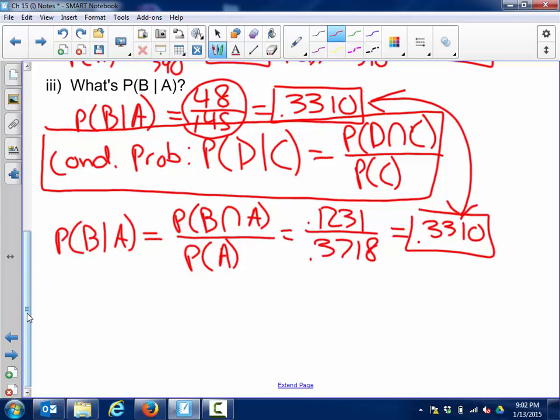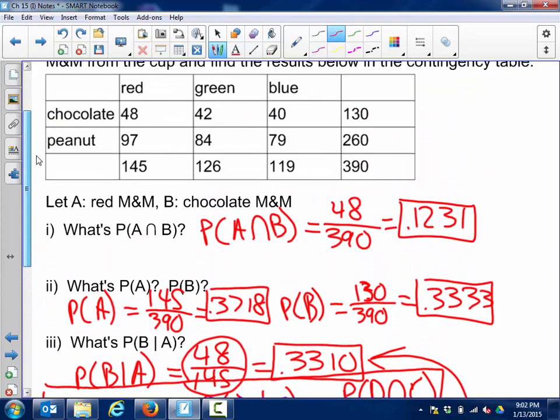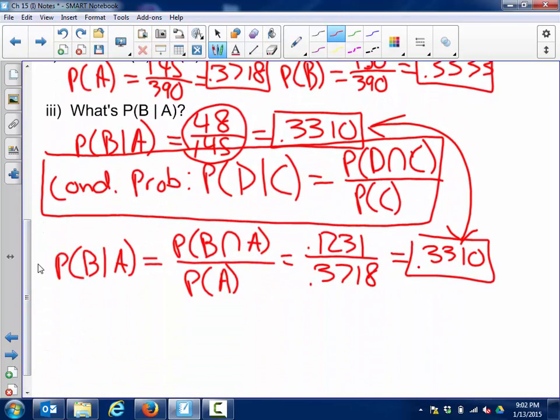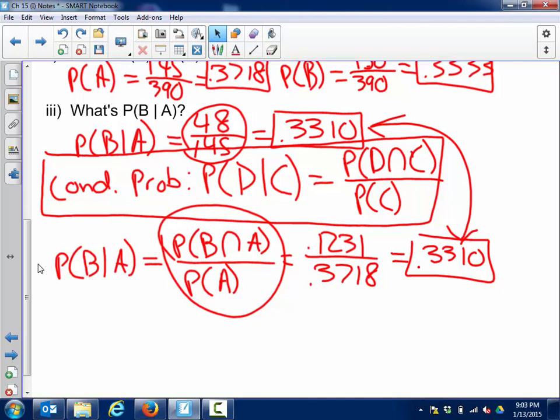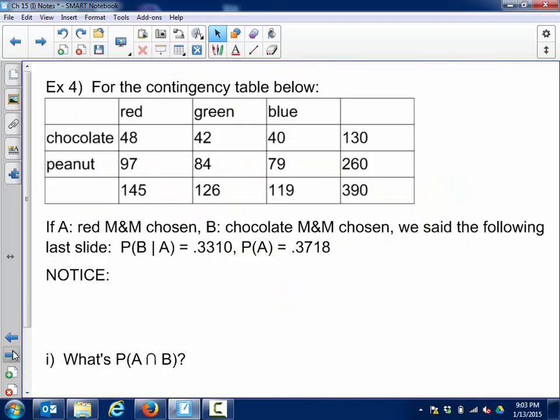Okay, so we got the same thing as above, just looking straight at the numbers from the table, the 48 and the 145, and what we got below was by analyzing the probabilities. This is generally what you're going to be having to do from the book, although sometimes you can get numbers directly from the contingency table. Okay, so there's conditional probability.